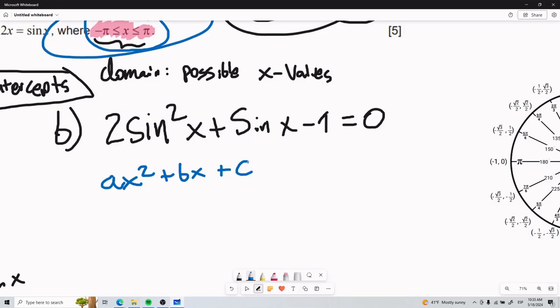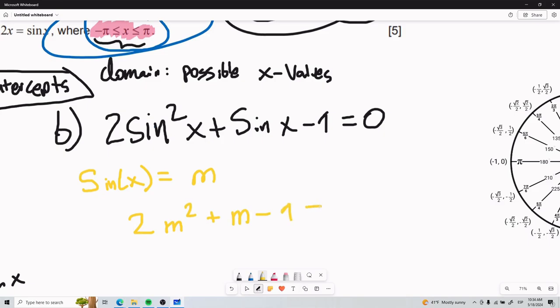And here you have a quadratic because technically, and this is something you do have to do, by the way, just to make it more friendly, if you go ahead and call sine x, I don't know, let's call it m, that means for this first part, I have 2m squared plus m minus 1 equals 0.